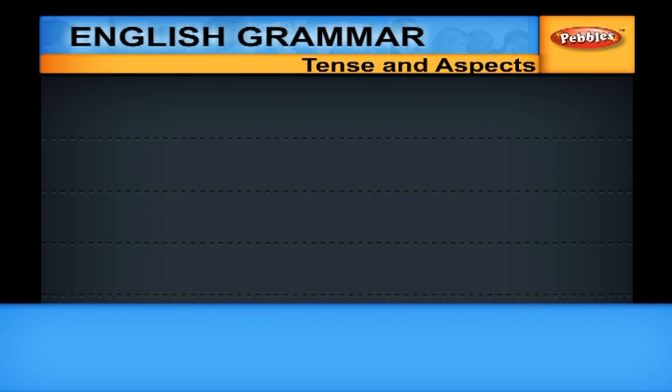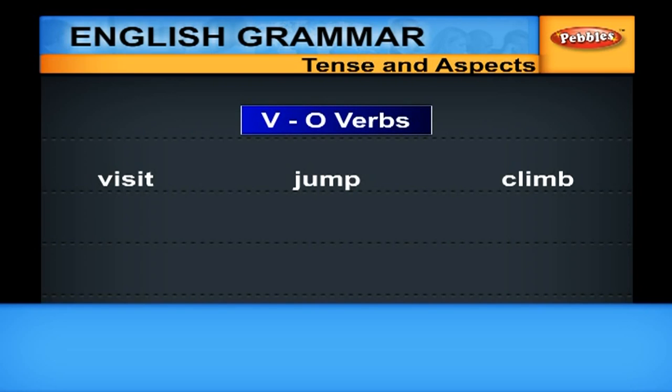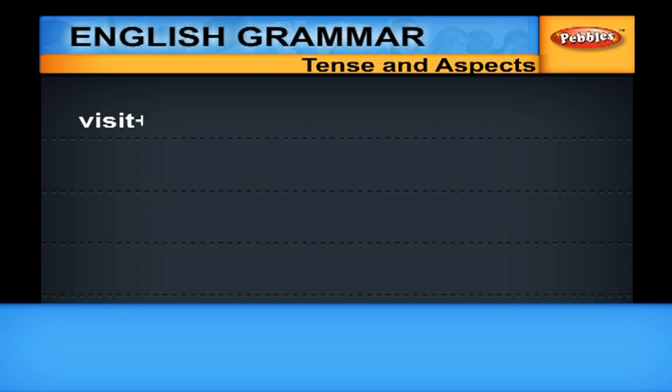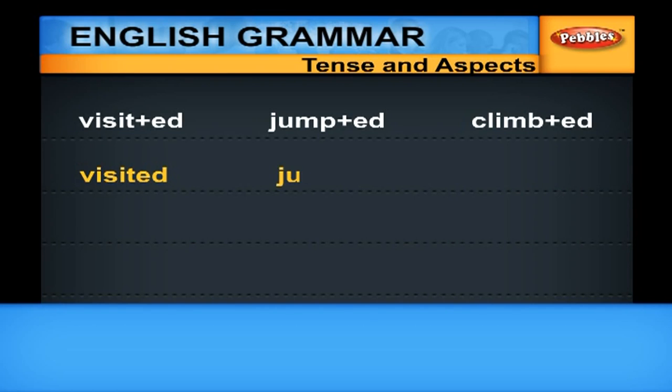Look at these verbs: visit, jump, climb. The above verbs are in VO form or root verbs or base verbs. We will add ed to these verbs. Visit plus ed, jump plus ed, climb plus ed. Now the verbs become visited, jumped, climbed.